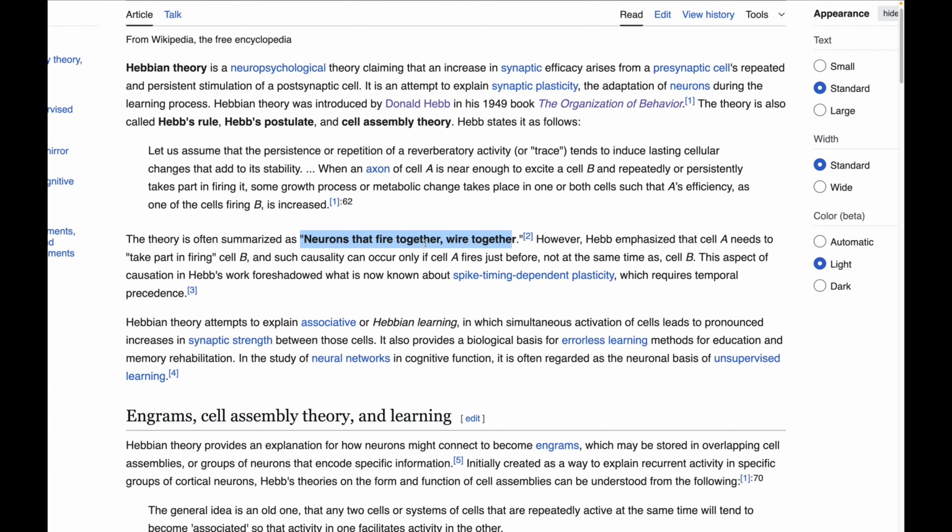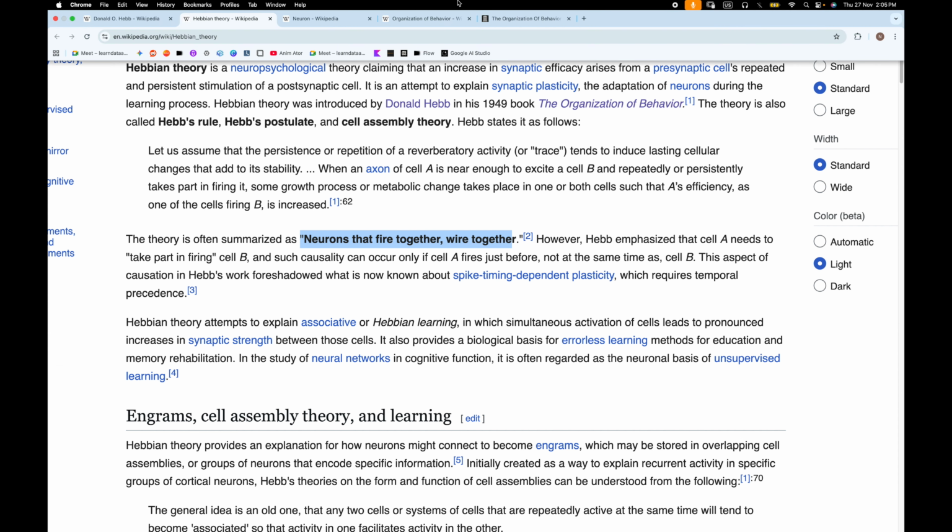That could explain why, if you keep practicing a certain task or skill, we eventually get good at it. And that is the analogy we are going to think about when we talk about neural networks.